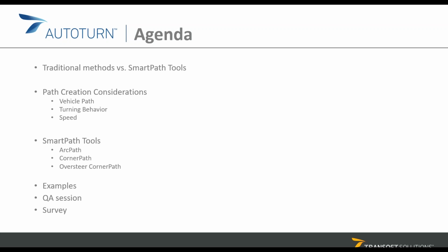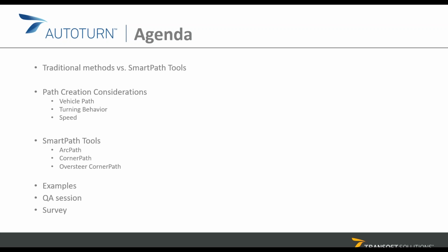From there, it'll be very clear why to use the SmartPath tools in AutoTURN. We'll also take a look at some theory behind how we create simulations in the software. So we'll take a look at the vehicle path, how it's generated in AutoTURN. We will get a better understanding of the turning behavior and how speed influences the simulations we generate using the SmartPath tools. And we'll see some of the highlights.